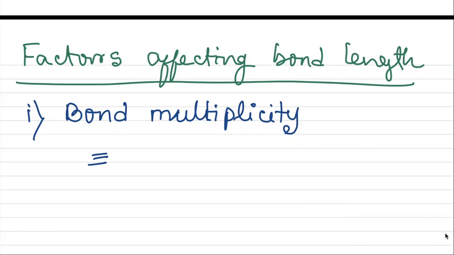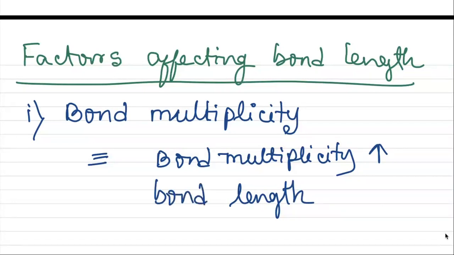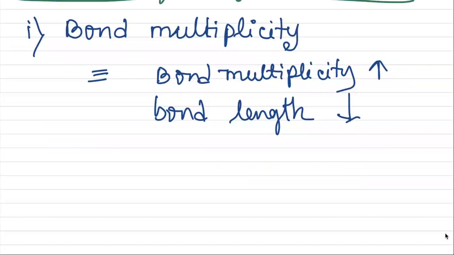So if bond multiplicity increases, then bond length will decrease. Let's take one example.